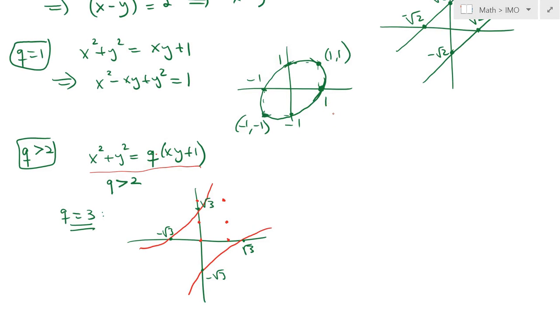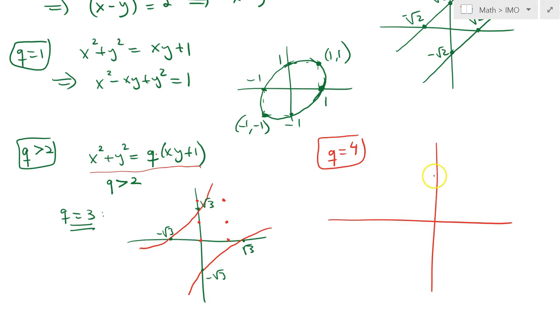Thinking about the deeper meaning of this. So for instance, for q equal to 4, we just observe that not only does our hyperbola go through these integer points, minus 2, 2, minus 2, which is awesome, right? So that's what the question was asking about.